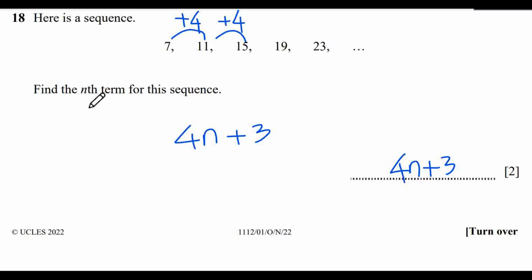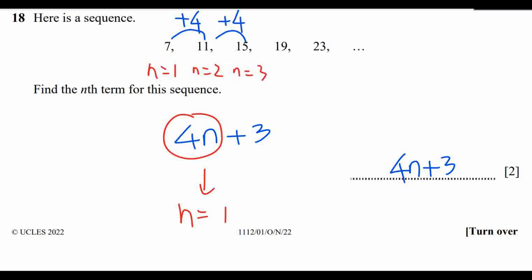How do you get that? From 7 to 11, we add 4. So we keep adding 4. Since it's adding by 4, we have the term 4n. For n equals 1, because this is n is 1, it means the order is 1, this is n is 2, and this is n is 3, and so on.